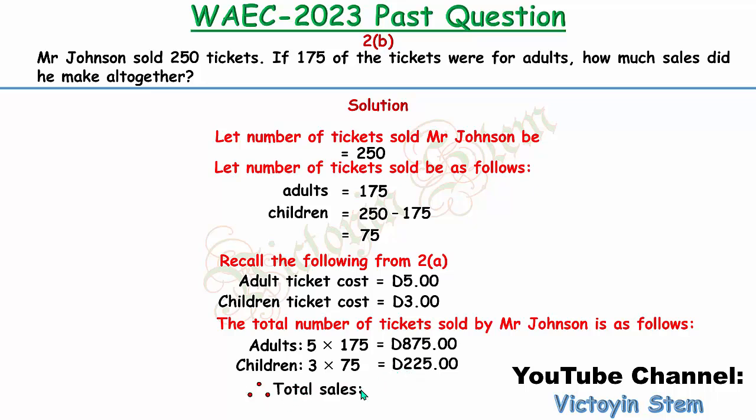Therefore, the total sales made by Mr. Johnson to adults and to children equals the summation of 875D plus 225D, and this boils down to 1100D. So the total sales made by Mr. Johnson in the second part of the question is equal to 1100D.